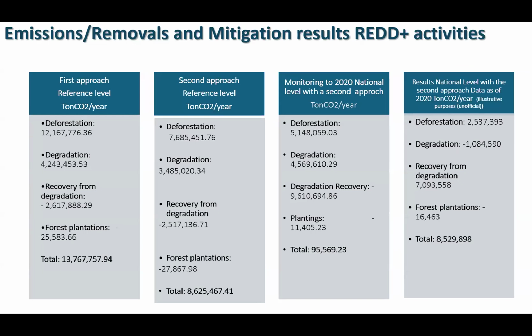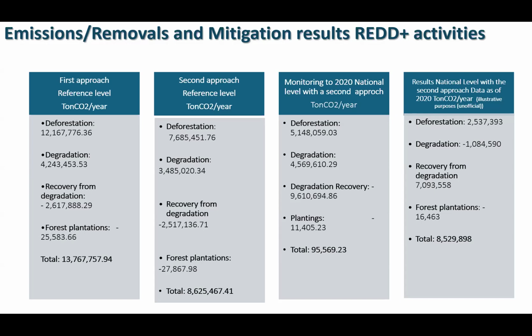like 13 million tons of emissions. In deforestation, we have 12 million of emissions. And in degradation, we have 4.2 million of emissions. And in recovery from degradation, we have a gain of 2 million.